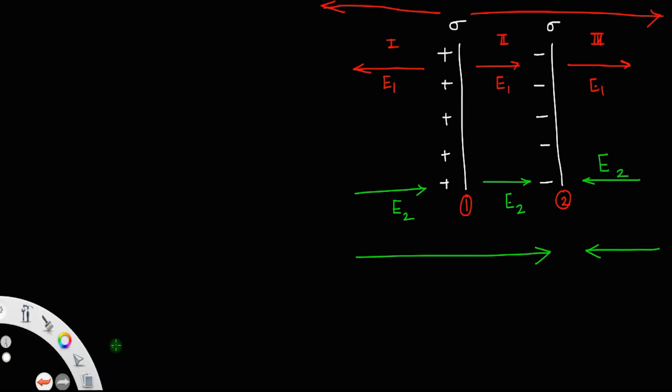Now we have to find the net electric field in the different regions. Let's take the first region. In the first region, the electric fields are in opposite directions, so the net electric field is equal to E1 minus E2.